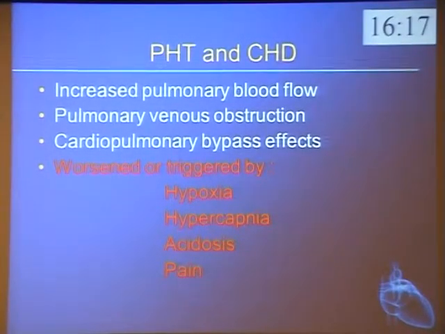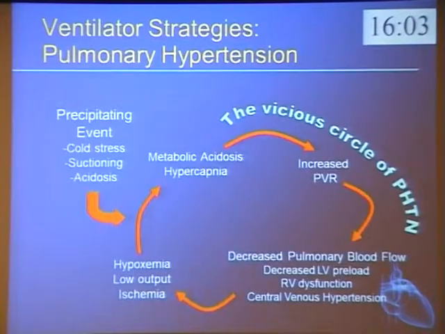And obviously all these are worsened or triggered by what I said before, these conditions that we as anesthesiologists, as intensivists, have to prevent absolutely, have to treat. And we have to stop this circle that is continuing and determines pulmonary hypertension.